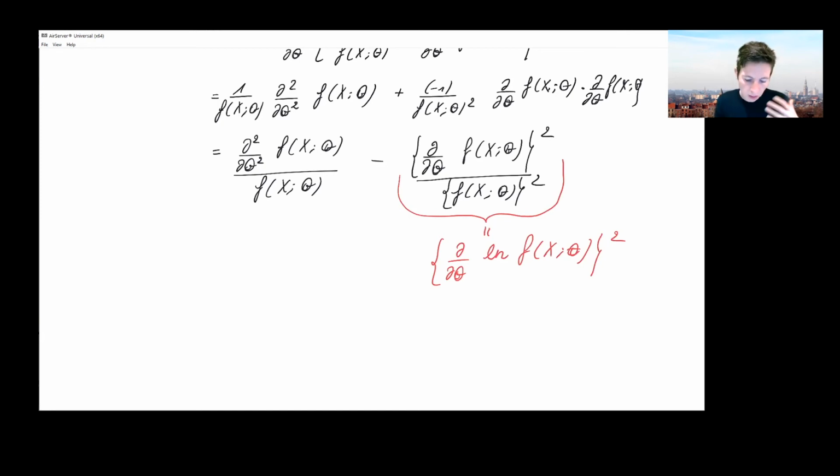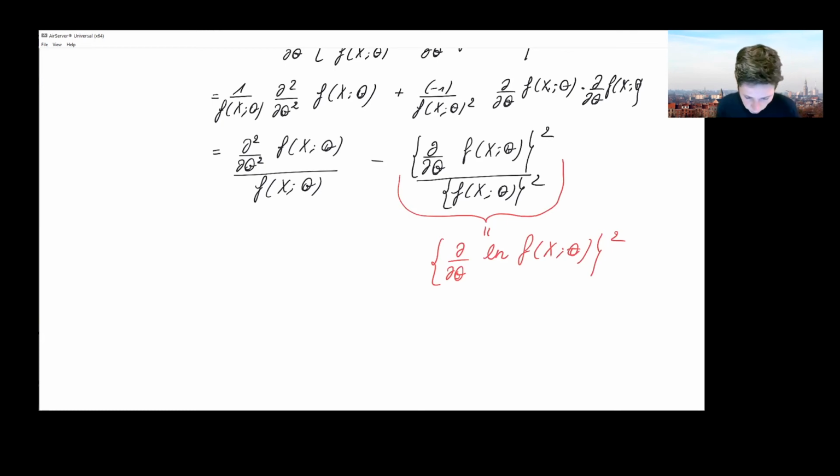And if you look back at the definition of the Fisher information matrix, what we need to do now is take the expected value of this thing with respect to the distribution of the random variable x. You've got two terms in the expression, so if you look at the expected value, what's going to happen?